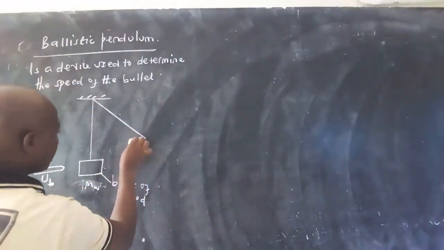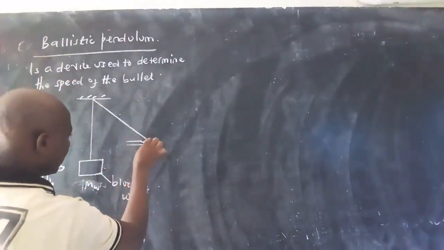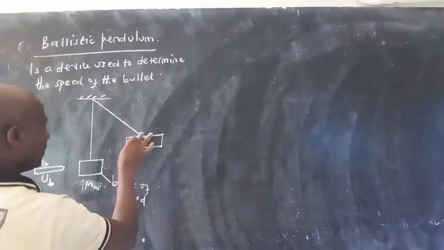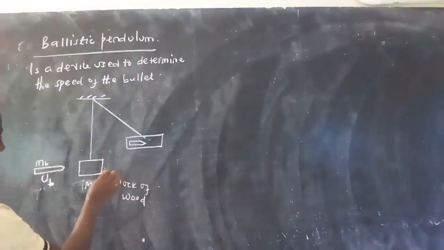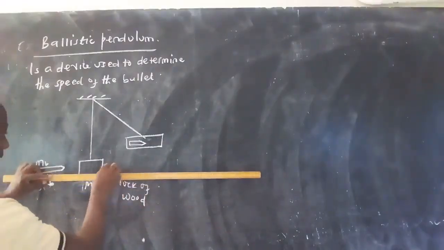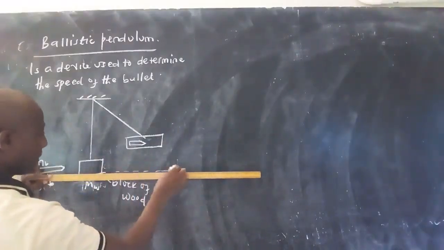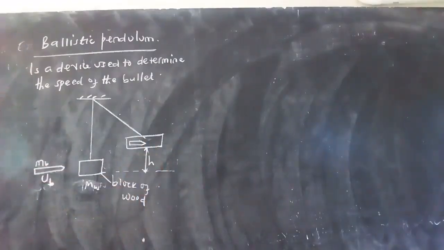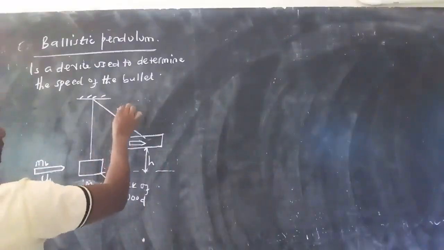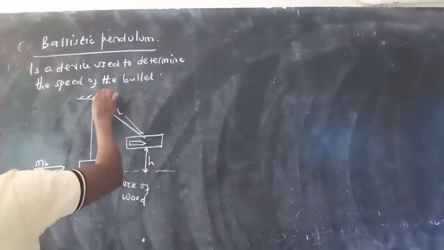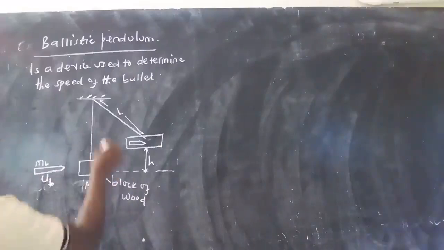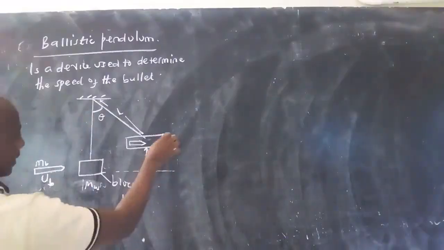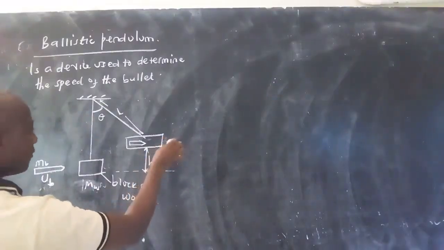The bullet will get stuck in the wood, such that initially the wood was here, so the height we call H. The length we call L, from here to here. So the angle of swing is theta.